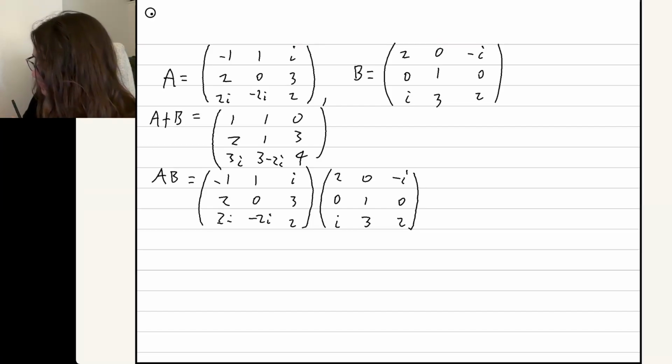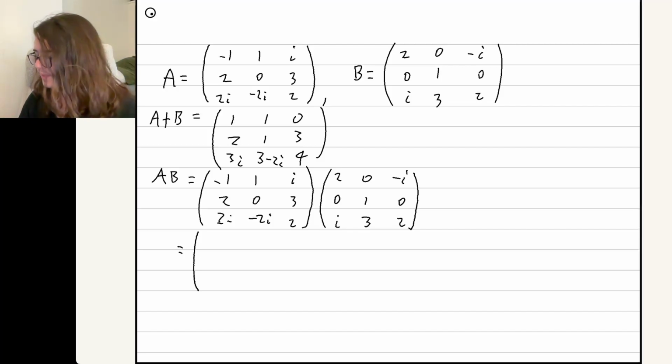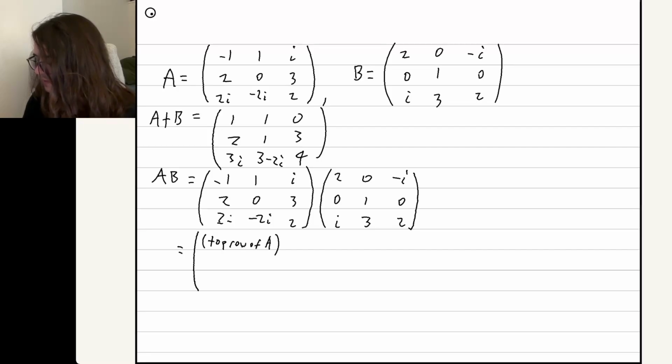But basically, for each element of the resultant matrix, you take the top row of A times the first column of B, right?